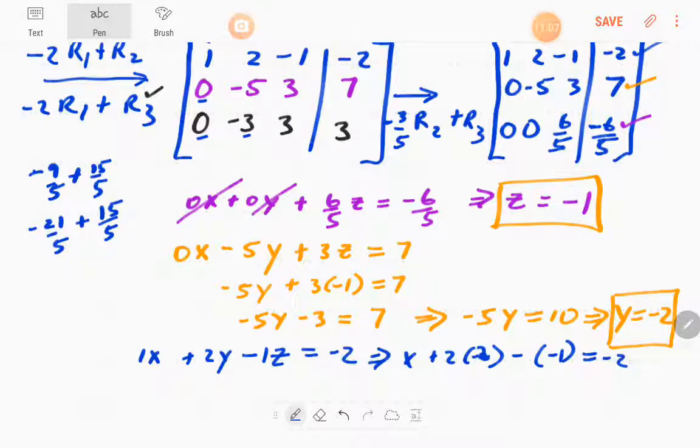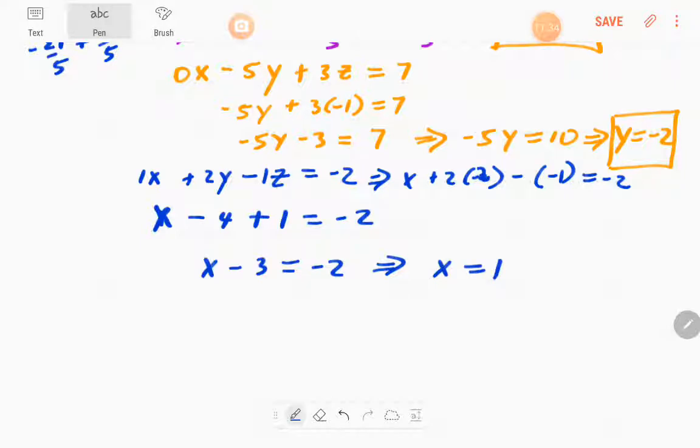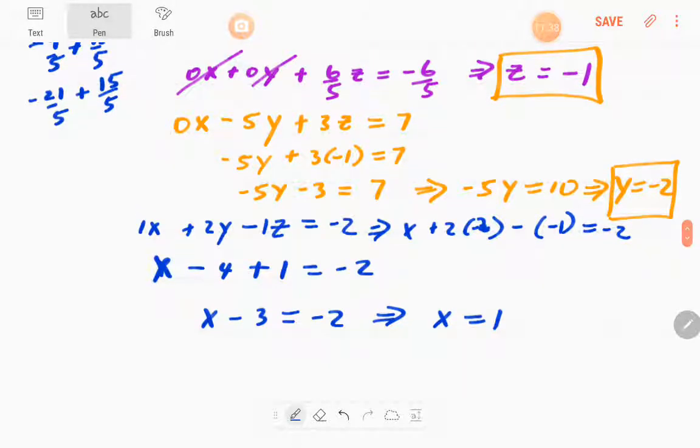So we have x minus 4 plus 1 is equal to negative 2. So minus 4 plus 1 will be x minus 3 is equal to minus 2. This means that if we add 3 to both sides, we're going to get x equal to plus 1. So we have our solution set. We have 1 for the x, minus 2 for the y, and z is equal to minus 1.